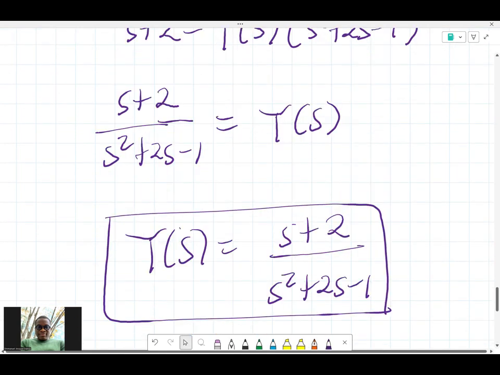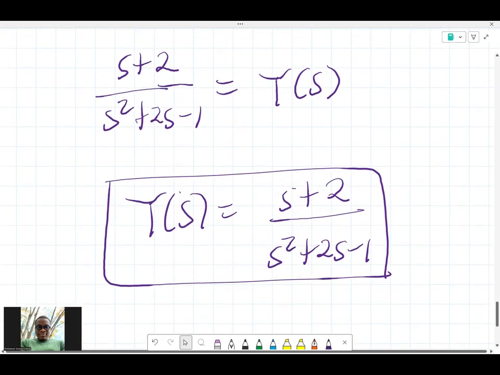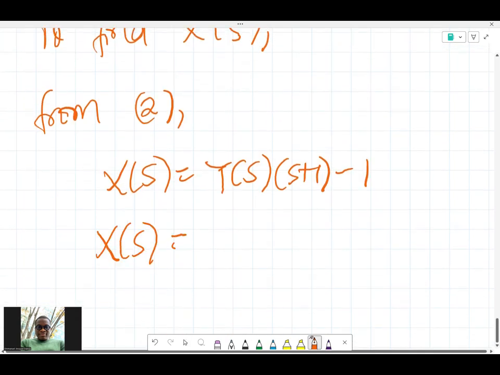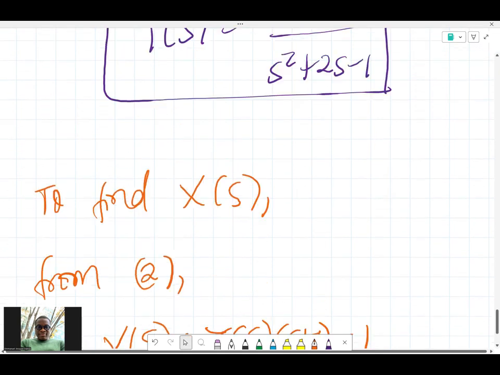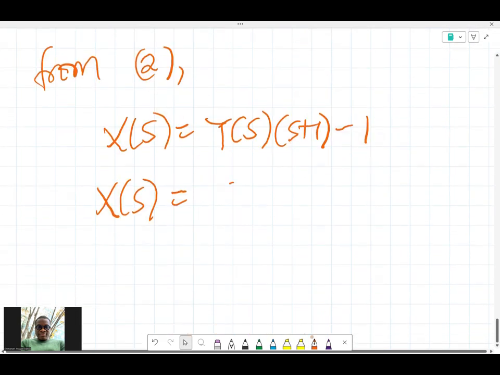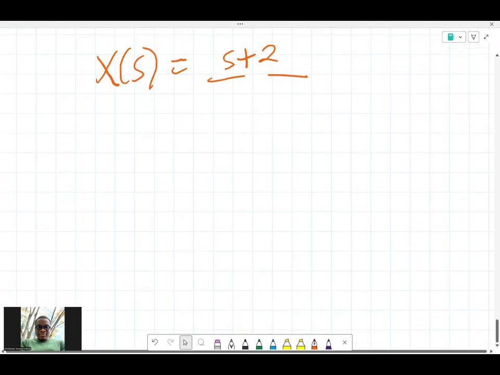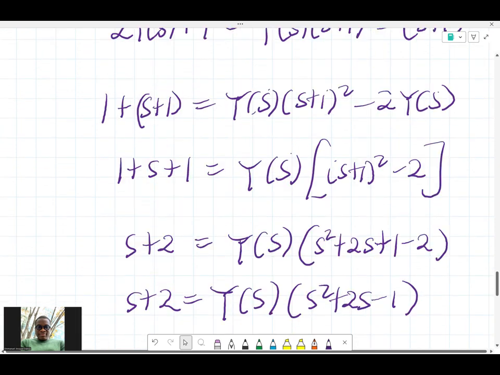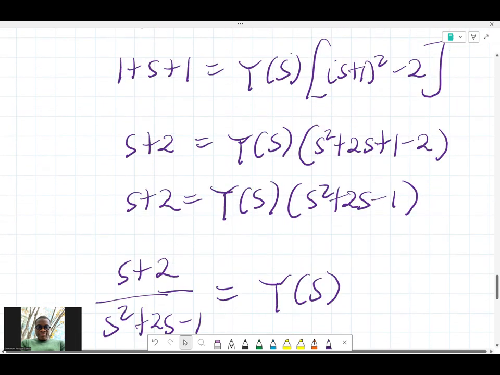And we already have Y(s) to be (s + 2) over all that. So X(s) is equal to (s + 2)/(s^2 + 2s - 1). Is that correct though? Yes, it is.